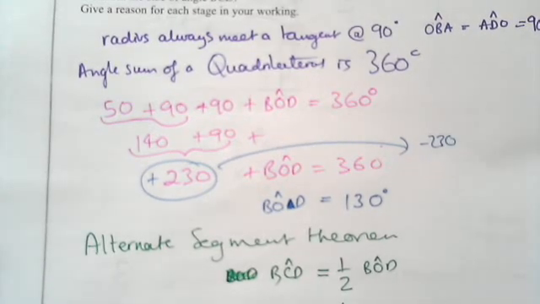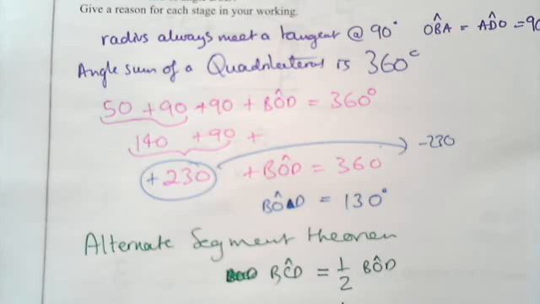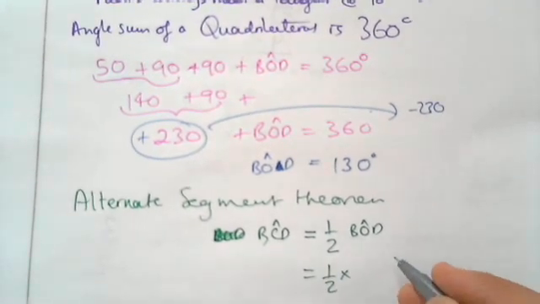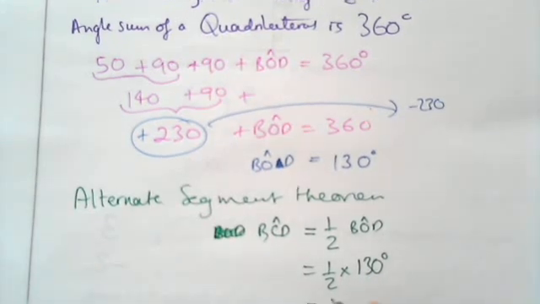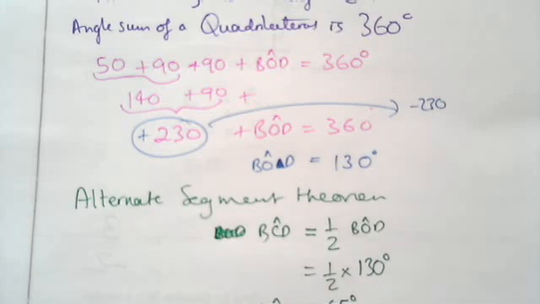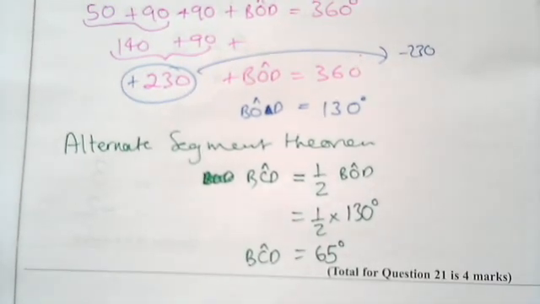Half time by BOD is equal to 65 degrees.